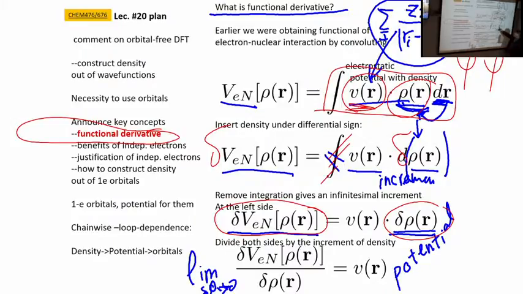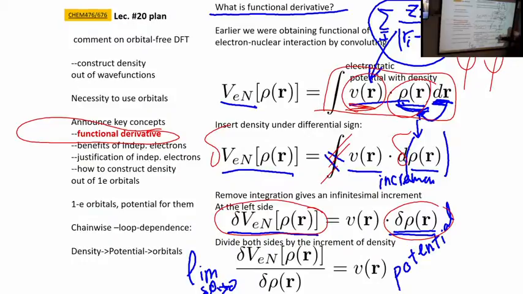So now we divide the left and right sides of this equation. Here I'm showing the same thing with delta rho, the differential. The increment of the energy contribution to electron-to-ion attraction is external potential times the increment of density.